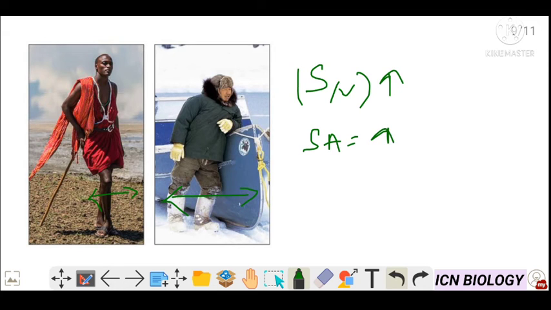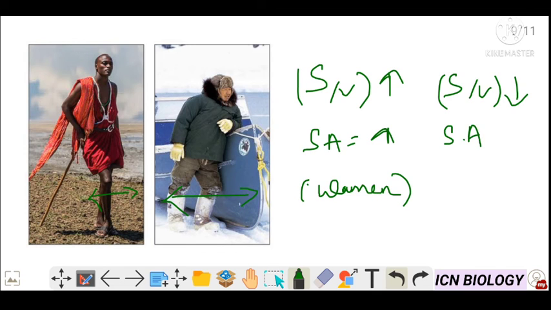Due to high surface area, they should be present in warmer climatic condition, right? Here in case of B, the male having larger body size, due to larger body size, their surface by volume ratio is less, so their surface area is also less. Due to less surface area, they should live in colder climatic condition.